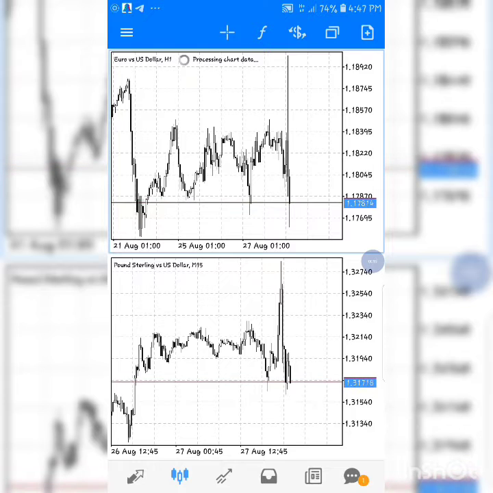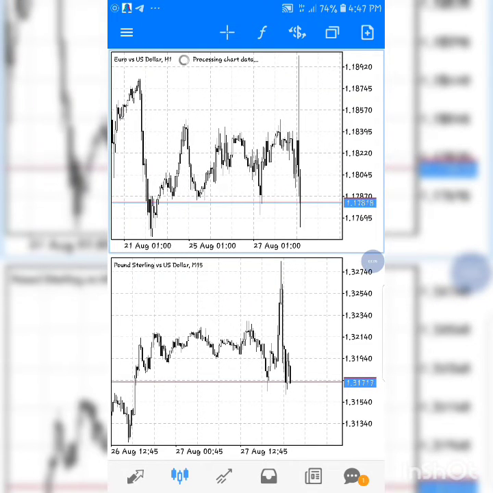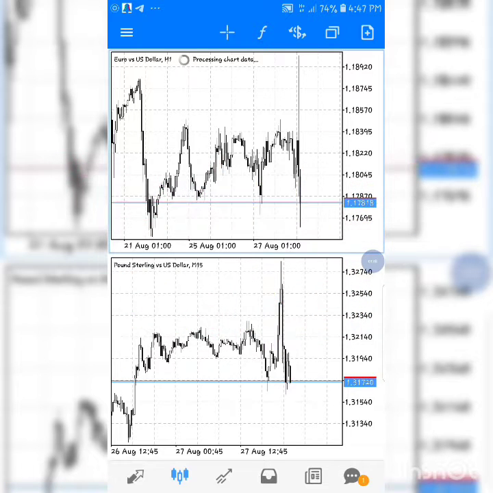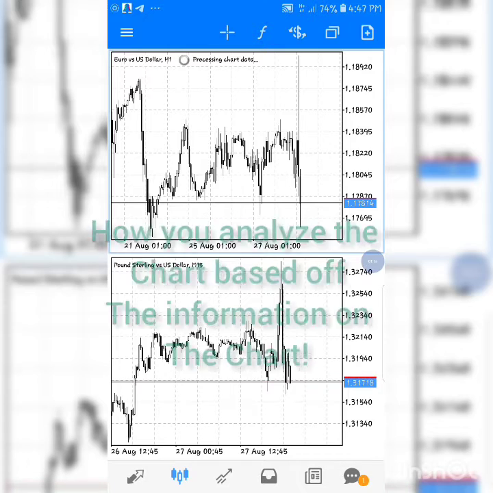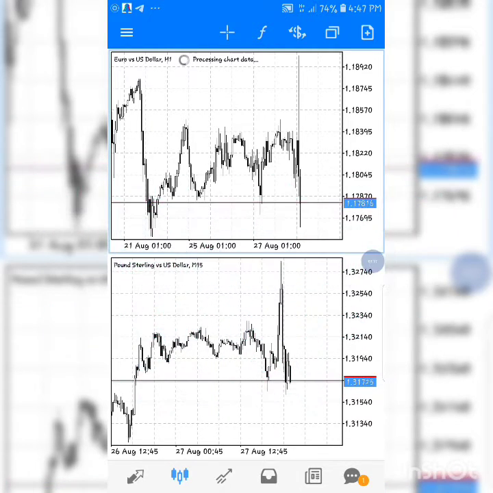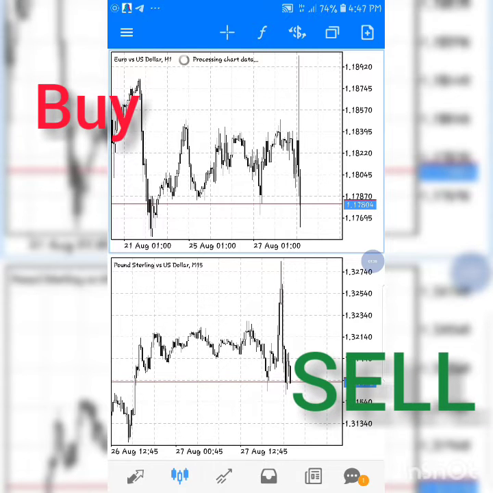The basics, candlesticks, bar charts, line charts, all that stuff, right? So now what we're getting into is something called technical analysis. Technical analysis is basically how you analyze the chart based on what you see. So it's nothing complicated. It's just you analyzing the chart so that you can either enter a buy or a sell and make some money.